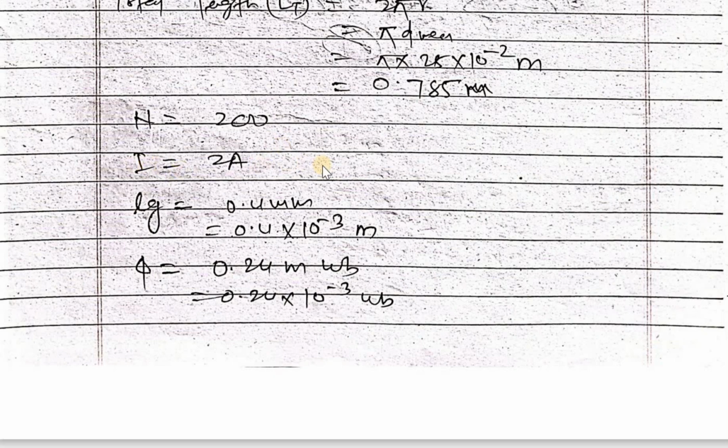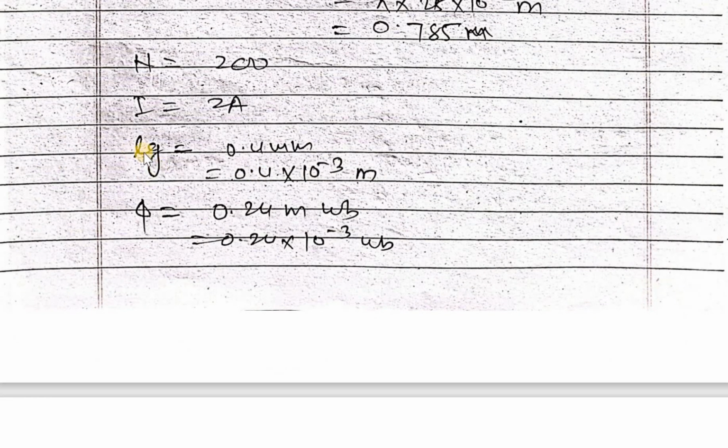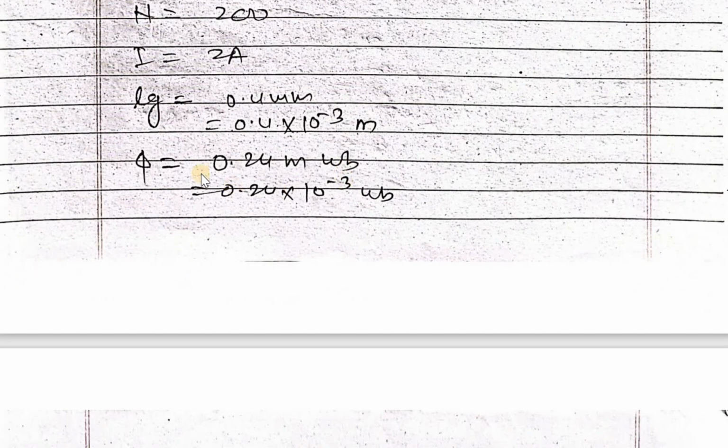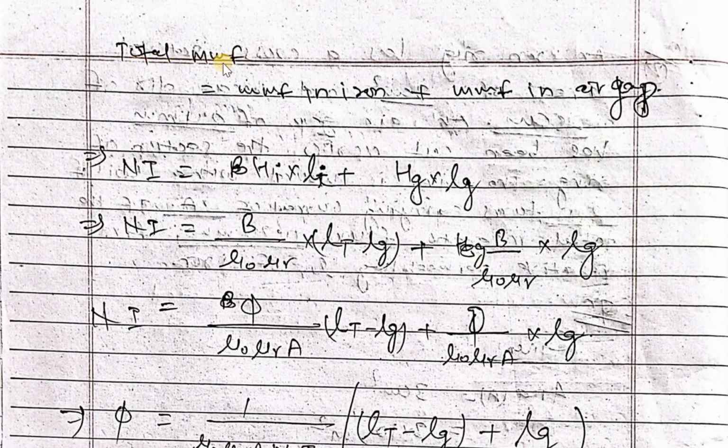And the value of N is 200, I is given 2 ampere, and the length of air gap Lg is equal to 0.4 mm, so 0.4 into 10 to the power minus 3 meter, and phi equal to 0.24 milliweber, so 0.24 into 10 to the power minus 3 Weber.